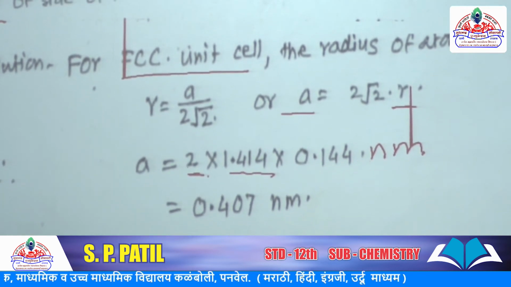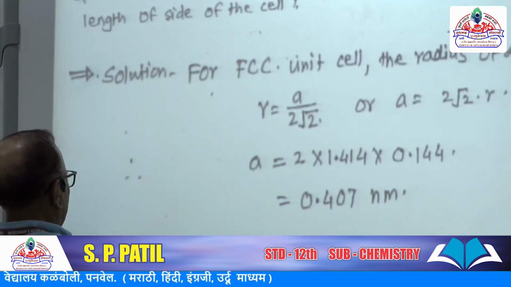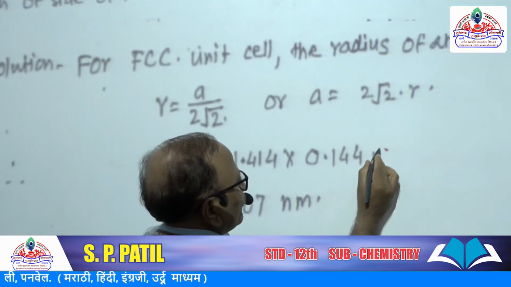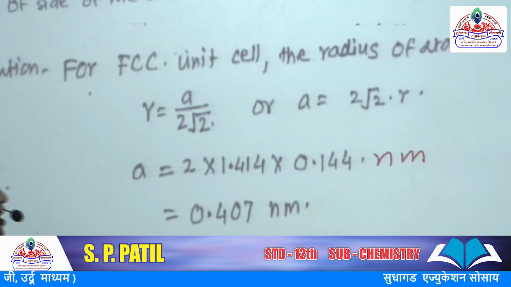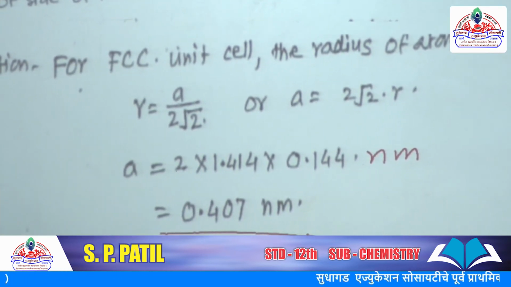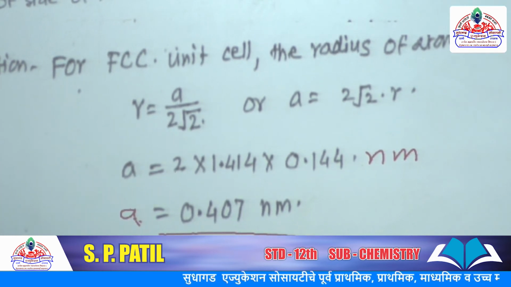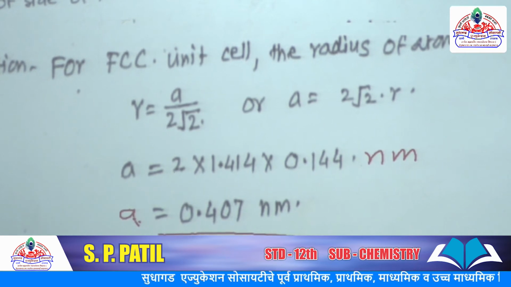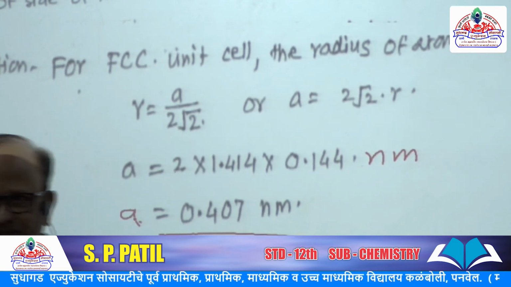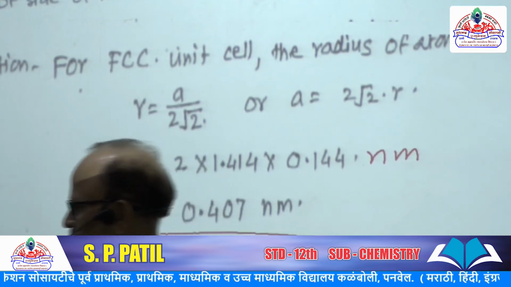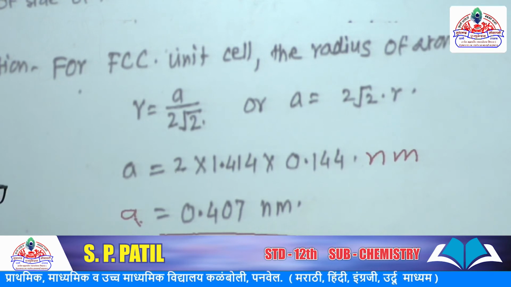Okay, 0.144 nm. So by simplifying the calculation, a, that is the edge length of the unit cell, can be determined, and it is 0.407 nanometers. Okay, now let us go ahead.